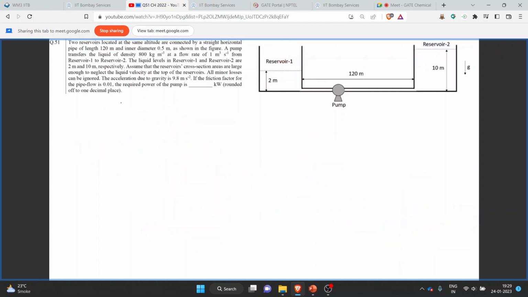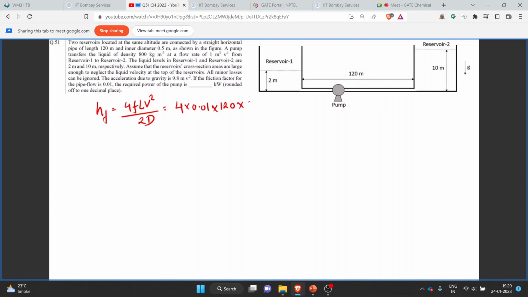Based on that, we can calculate the friction loss. That is, HF will be 4FLV square upon 2D. The value of F we have been given as 0.01. Length of the pipe is 120 meter.